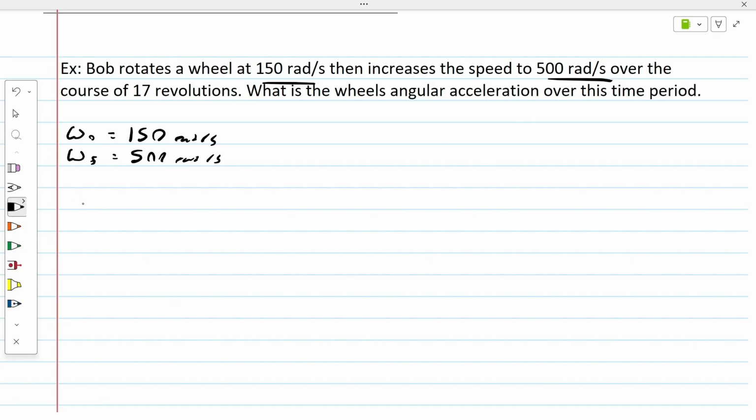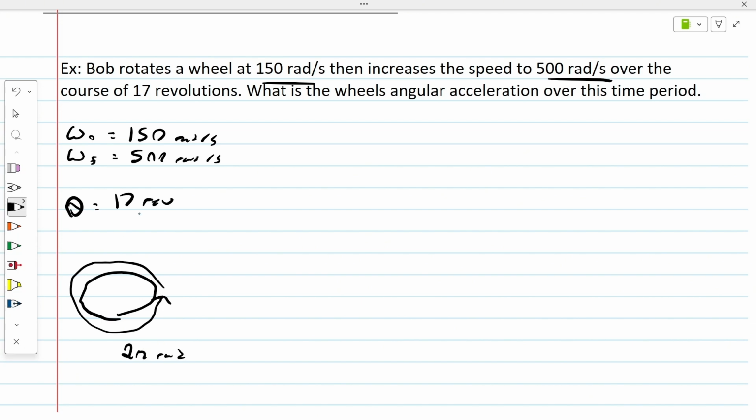Okay, and now we need to get our theta. But the problem is that it only tells us the 17 revolutions, and we want to know how many radians that is. If you were to go around a circle one time, how many radians would that be? In degrees, it's 360 degrees, which equals 2 pi radians.